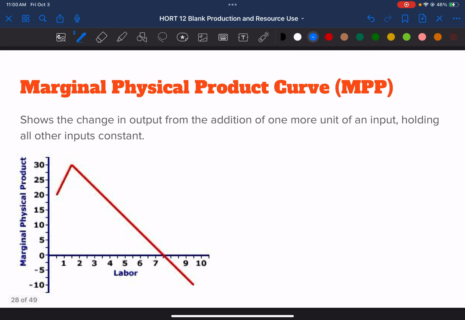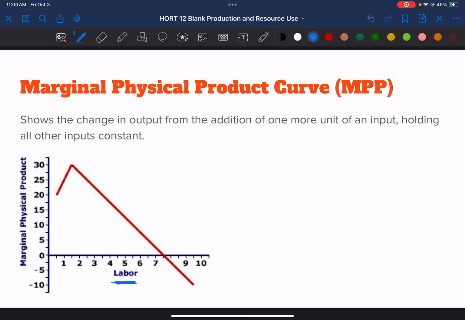Okay, so the next type of curve that we need to talk about is the marginal physical product curve, the MPP. And this shows the change in output from the addition of one more unit of an input if you hold all other inputs constant. So we're just looking at labor.